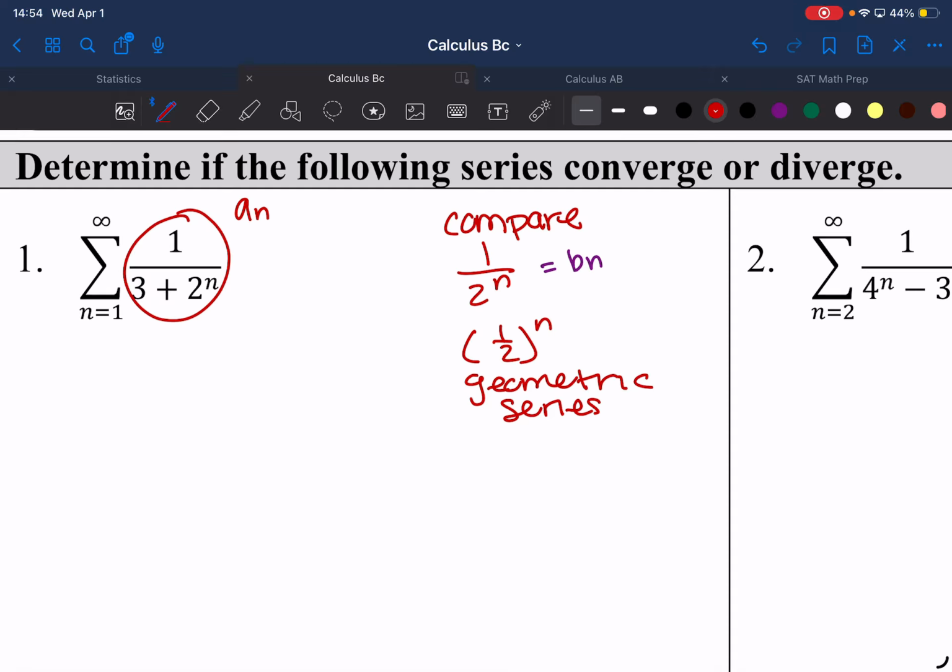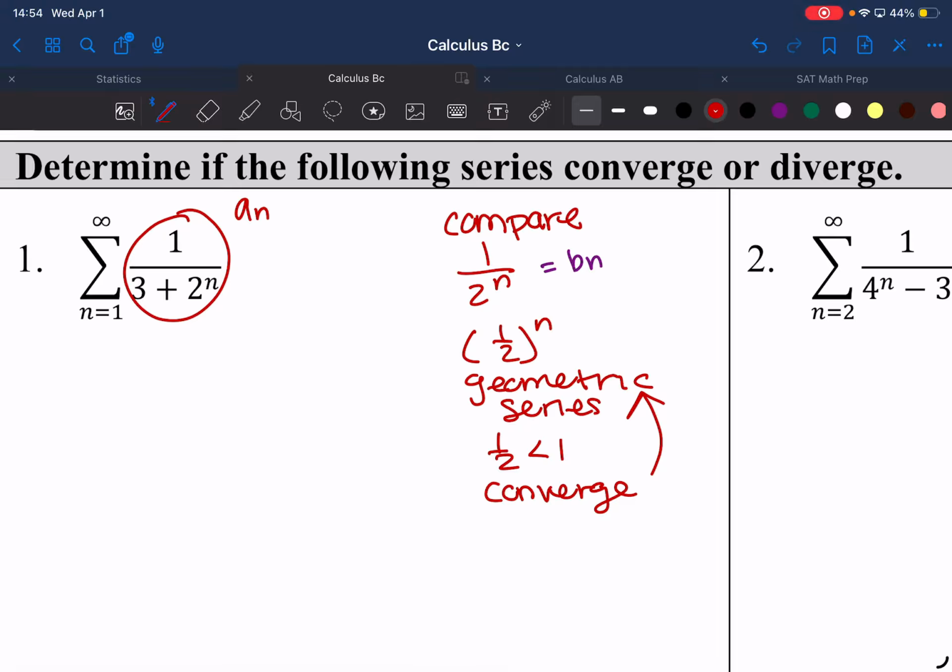So since our common ratio r is 1/2, and 1/2 is less than 1, we know that this is going to converge. And again, that is because we identified this as a geometric series.